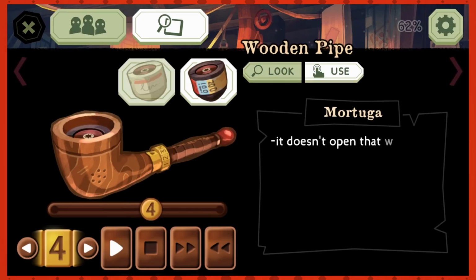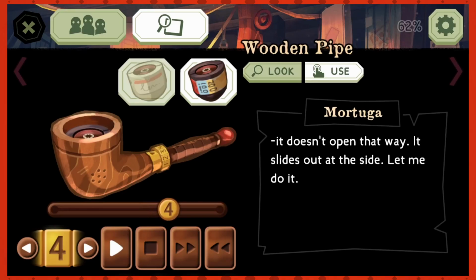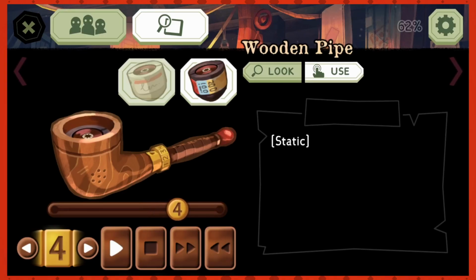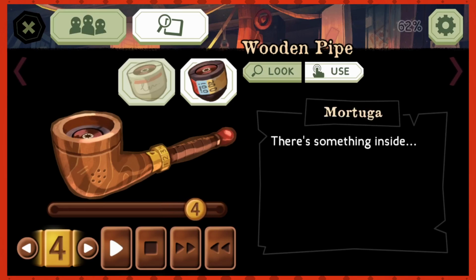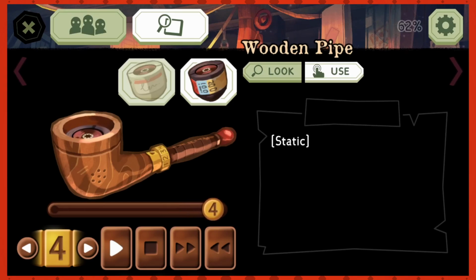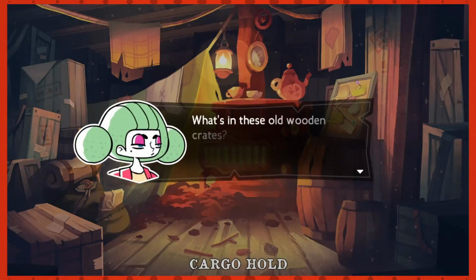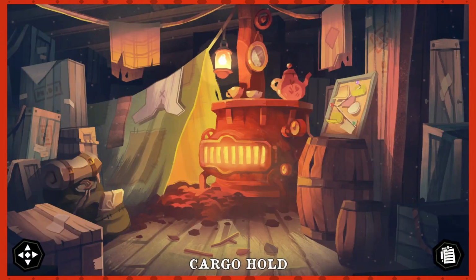It doesn't open that way. It slides out at the side. Let me do it. There's something inside. Wait. What's this? Okay, something slides out at the side. Whoops. What's in these?